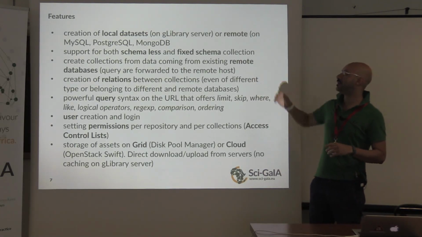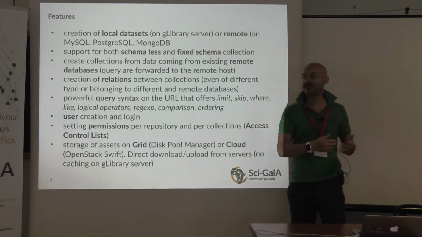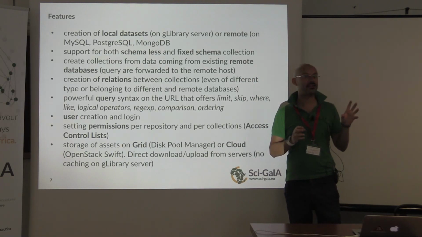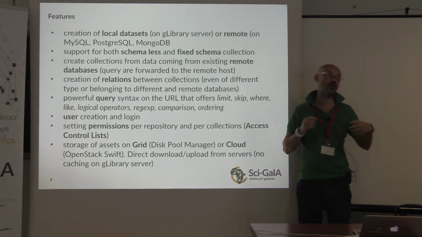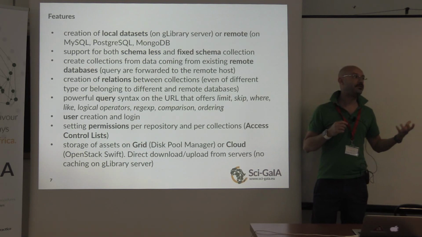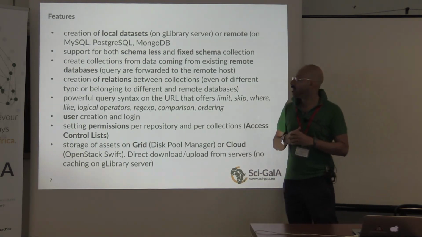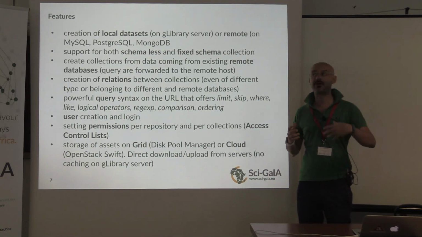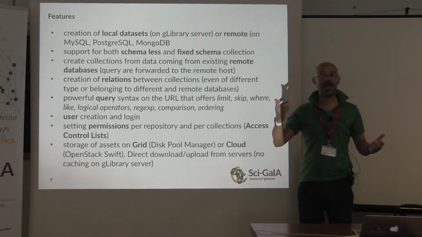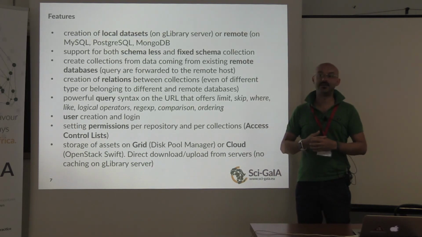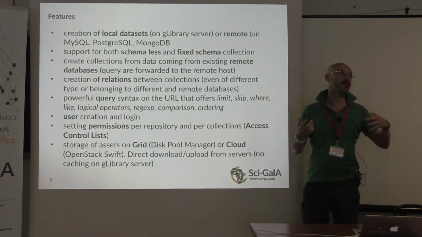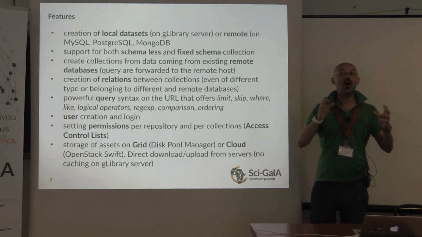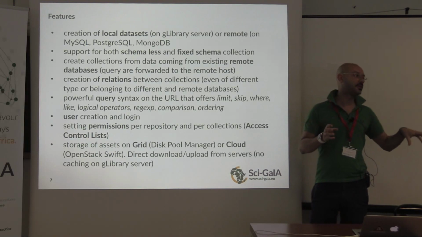We support both schemaless and fixed schema collections. And we can also create a new collection with data coming from a database stored remotely. We support relations. If, for example, you have a products collection and an invoices collection, you can create a REST API structure that gives you all the invoices where a given product has been used.